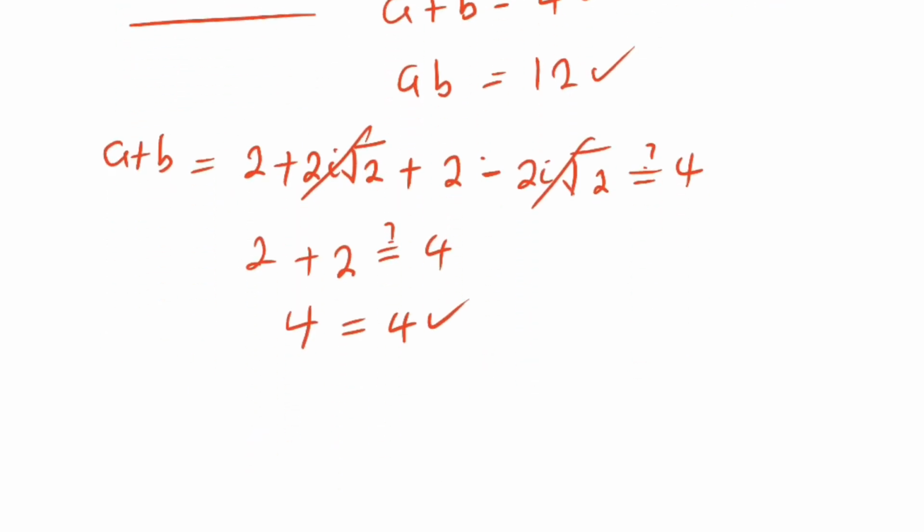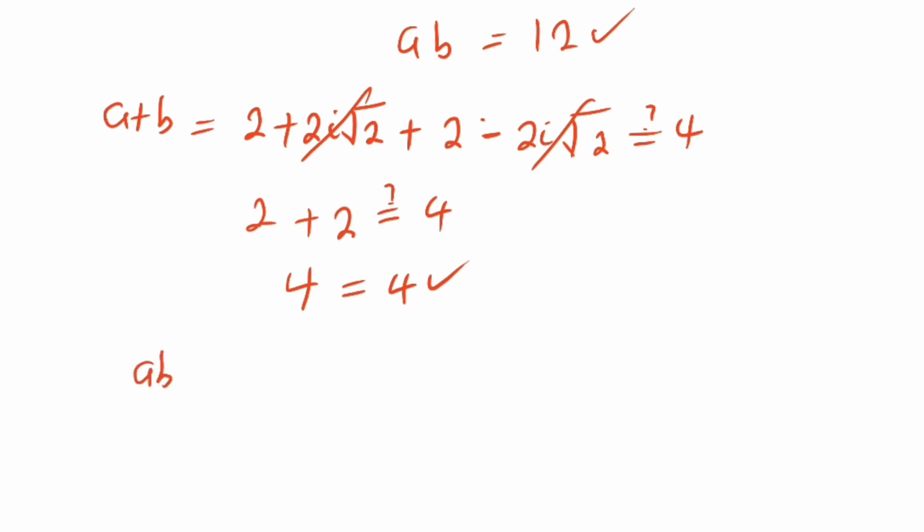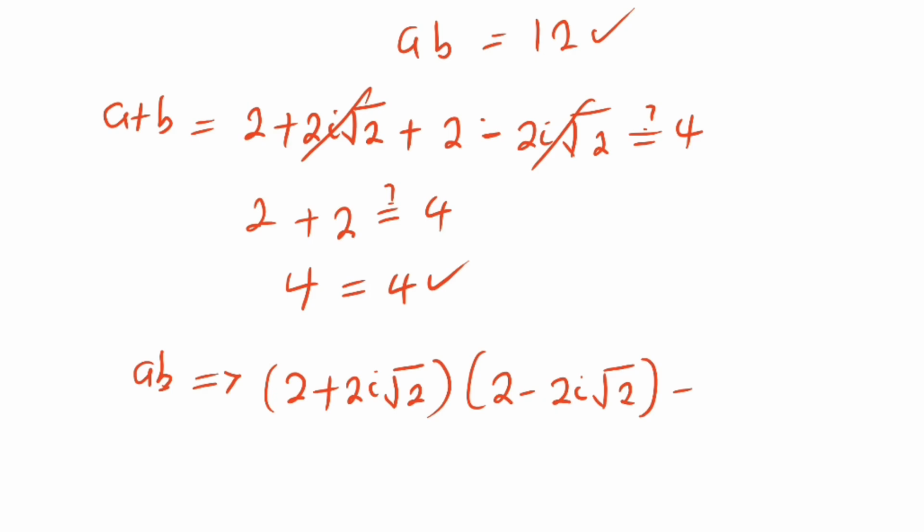Let us consider this. AB is the same thing as 2 plus 2I root 2 multiplied by 2 minus 2I root 2 must be equal to 12. 2 times 2, this is 4, minus 2 times 2I root 2, 4I root 2. 2I root 2 multiplied by 2, this is plus 4I root 2.